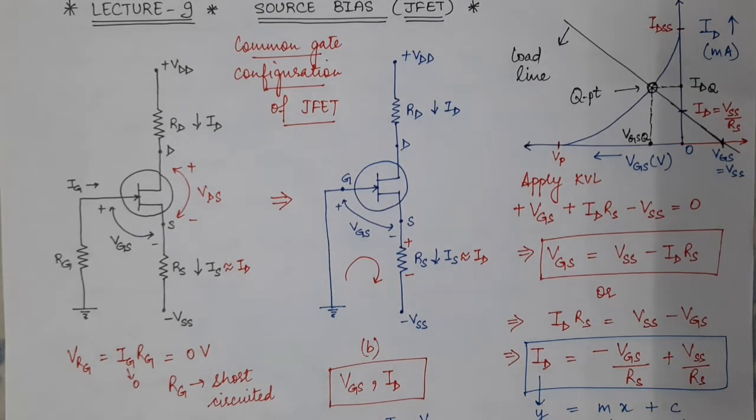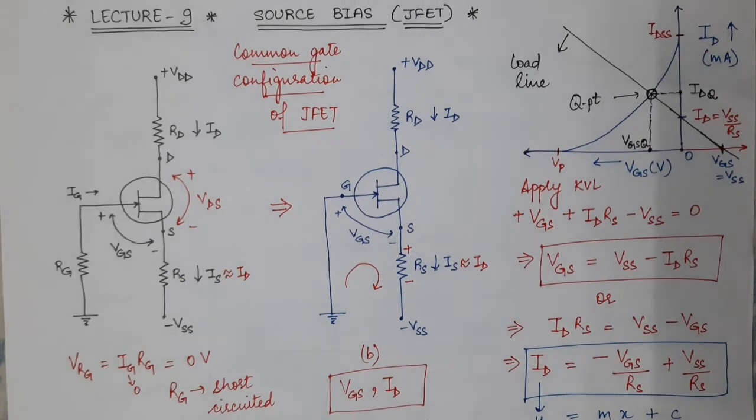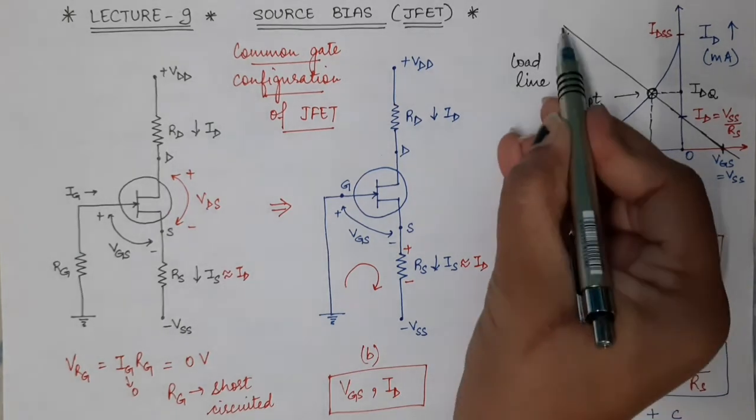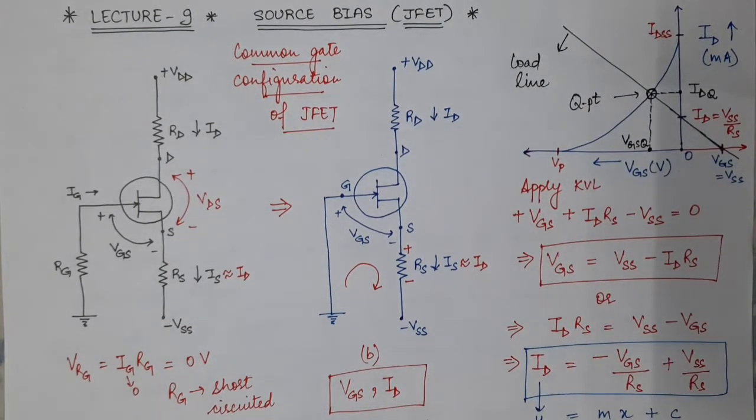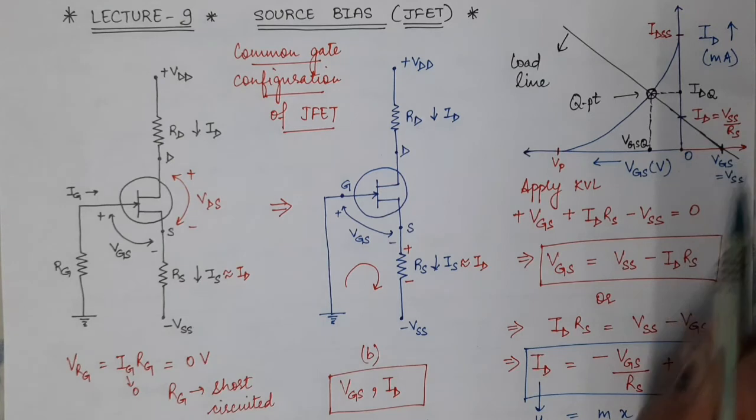So this was the case of source biasing, where we can easily determine the value of the Q point. Here, just by changing the value of VSS or RS, we can change the slope of this load line, or we can change the Q point, because this Q point depends upon the value of VSS and RS.